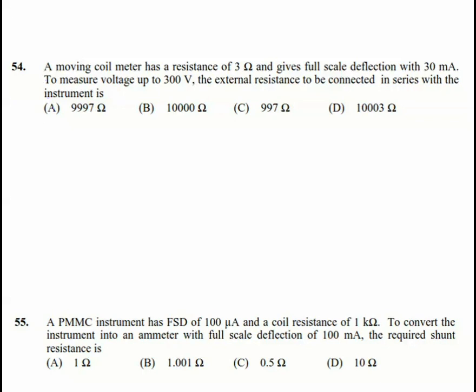So the formula that you'll write here: Rs is equal to Rm into (m minus 1). Here m is nothing but capital V divided by Vm. That is equal to, in the given problem they have mentioned the voltage to be measured is 300 volts divided by the full scale deflection, which is nothing but 30 milliamperes.